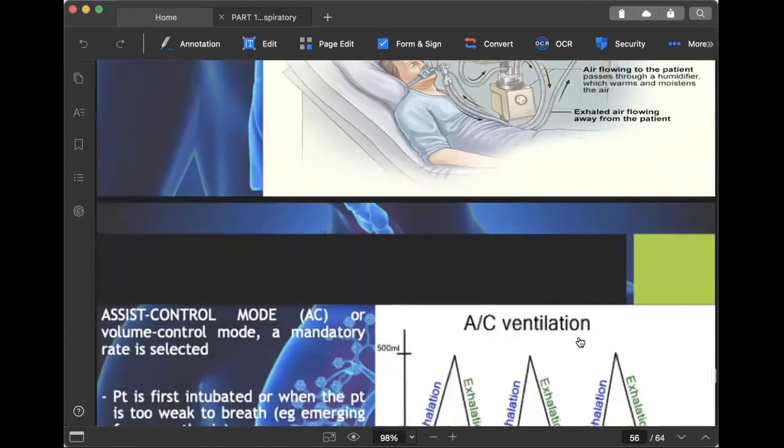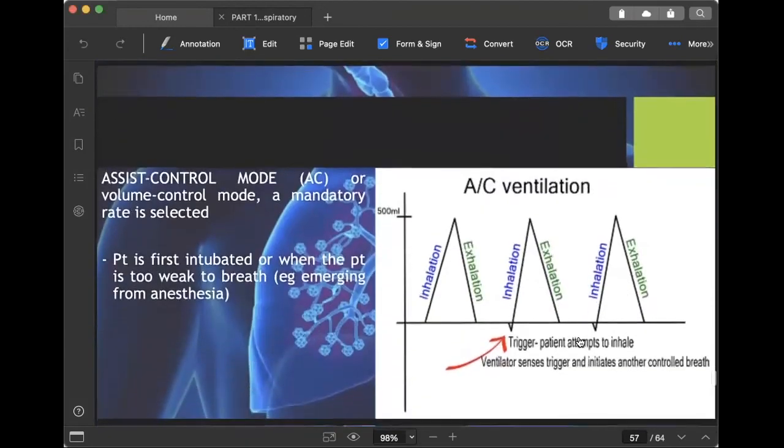So we have two types. I think Ma'am Arsenio already presented to you in the ICU part how to properly assemble and set your mechanical ventilator. So this one is already passé to you guys. So assist control mode or your AC volume.